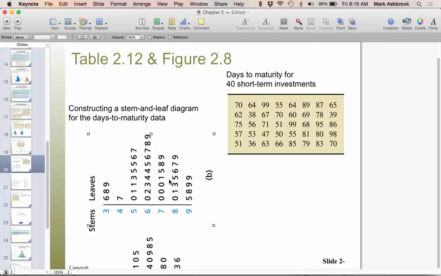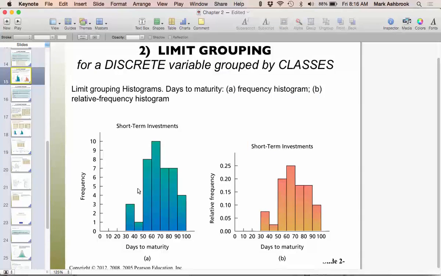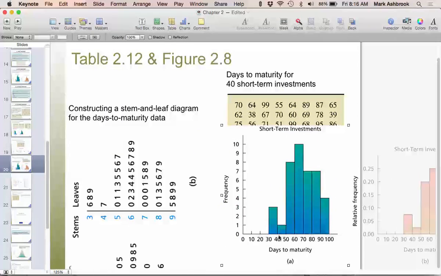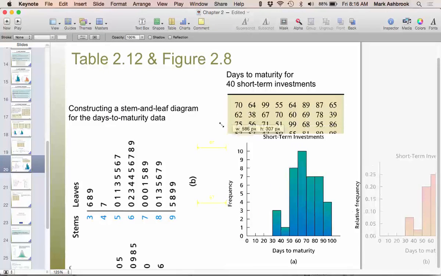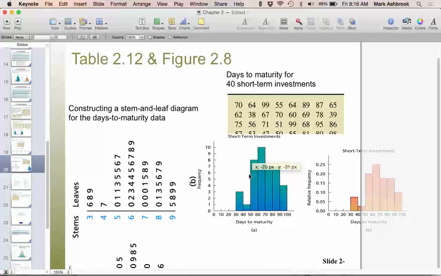So this was the days to maturity. Here's the stem and leaf plot for that, and here's the histogram for the same data. What do you see?